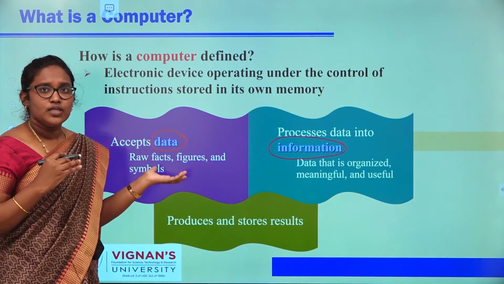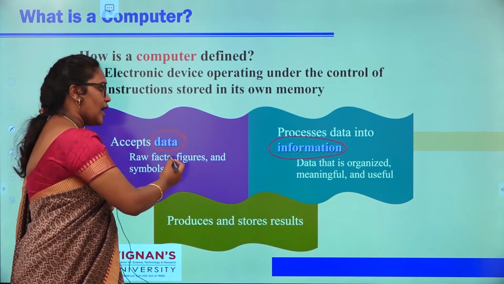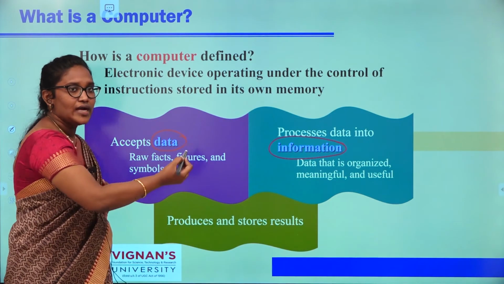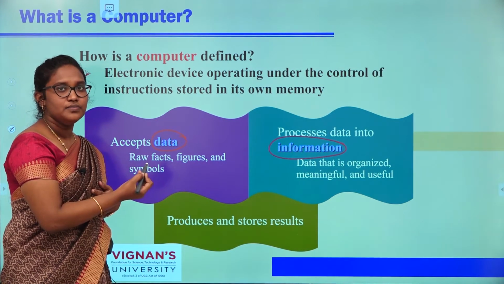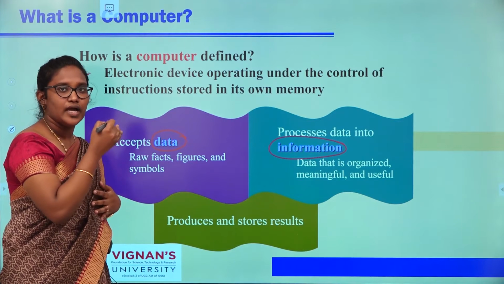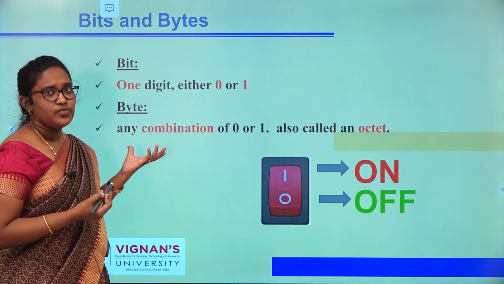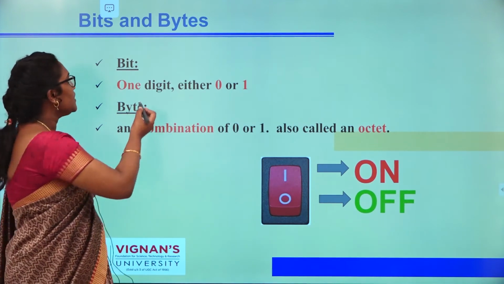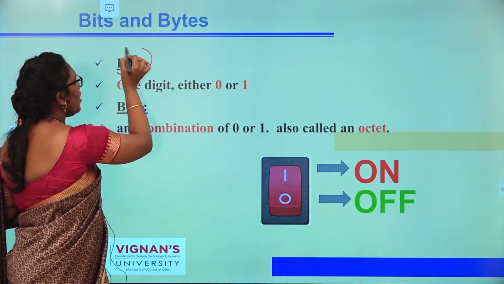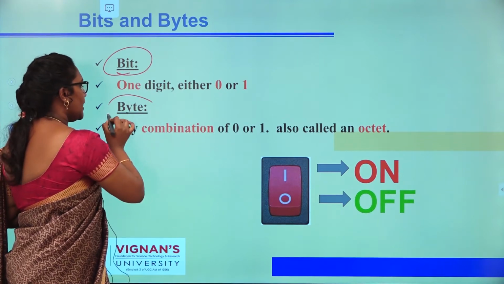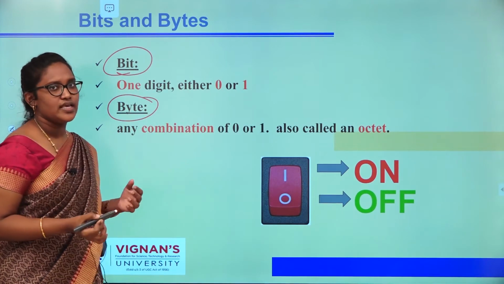If we know the difference between data and information, we will understand very clearly what the computer actually does. The basic language understandable by the computer is in the format of bits and bytes.